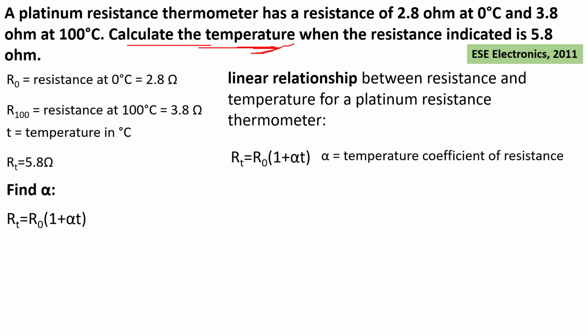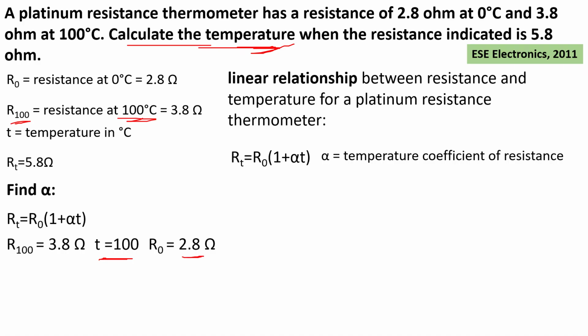So the relation is RT equal to R naught into 1 plus alpha T. In the data it is given R100, that is 3.8 ohm, and T is 100 degrees Celsius. R100 means resistance at 100 degrees Celsius. Then small t will be 100, and R0, resistance at 0 degrees Celsius, is 2.8.